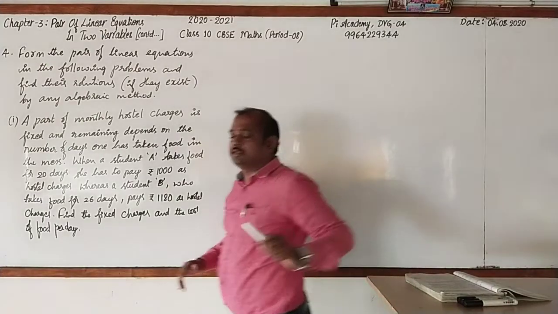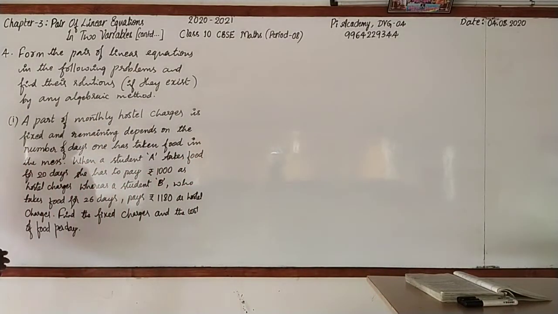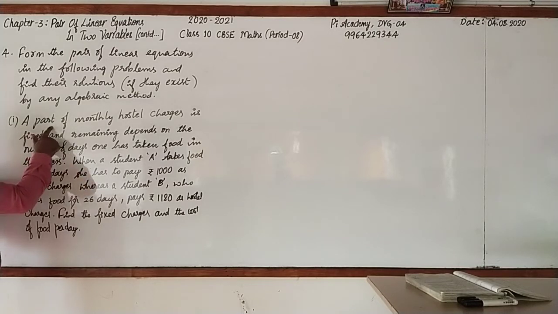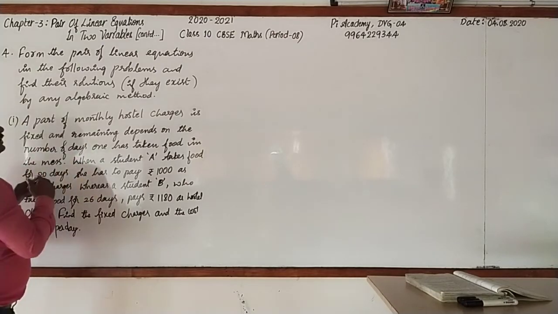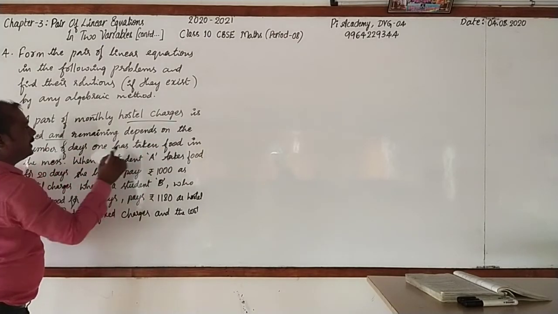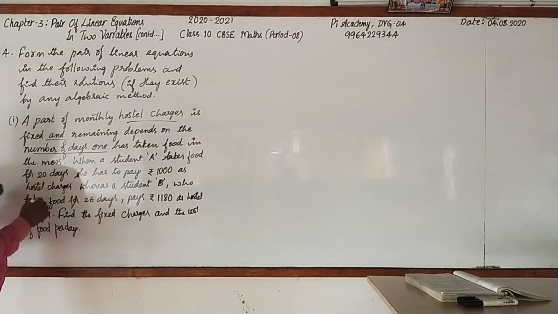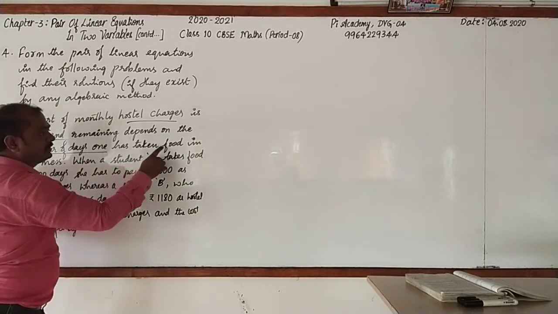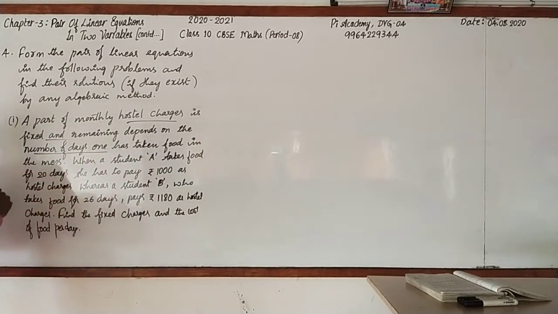Yes, in that, first sub question has been given. Please go through this. A part of monthly hostel charges is fixed and the remaining depends on the number of days one has taken the food in the mess.